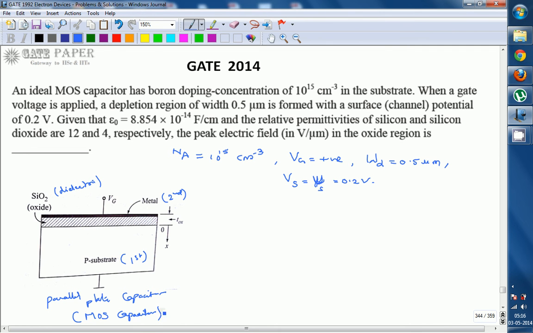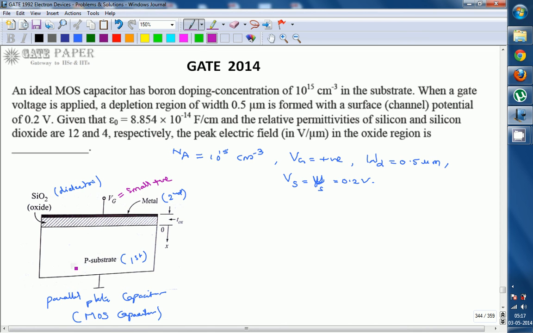Now a depletion layer is going to be formed whenever we apply a small positive voltage Vg. So let us assume we are applying a small positive voltage on the gate side, that is, on the metal. It can attract a small number of negative charges from the p-type substrate.